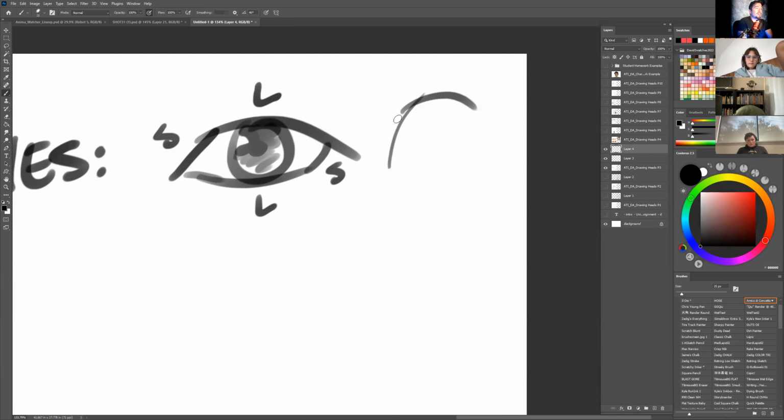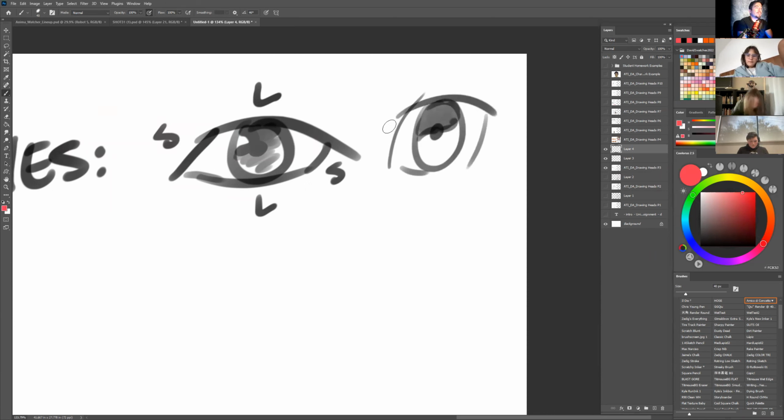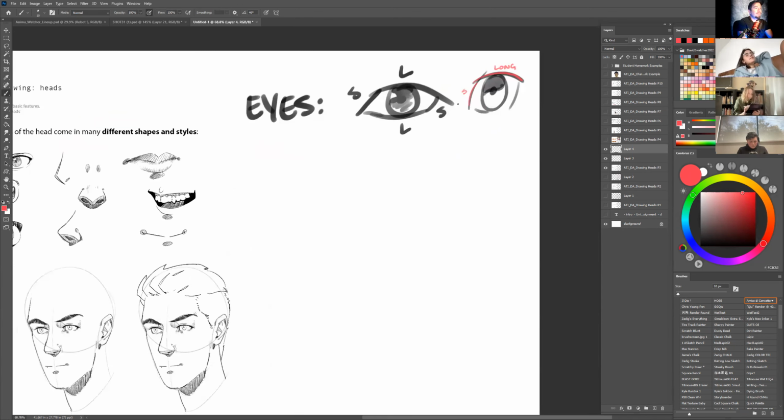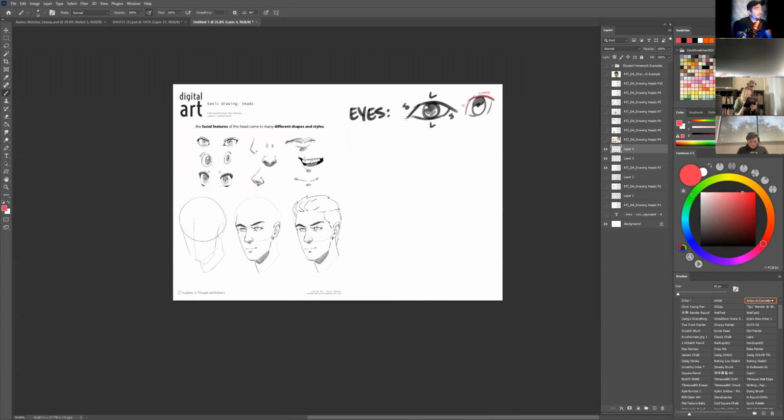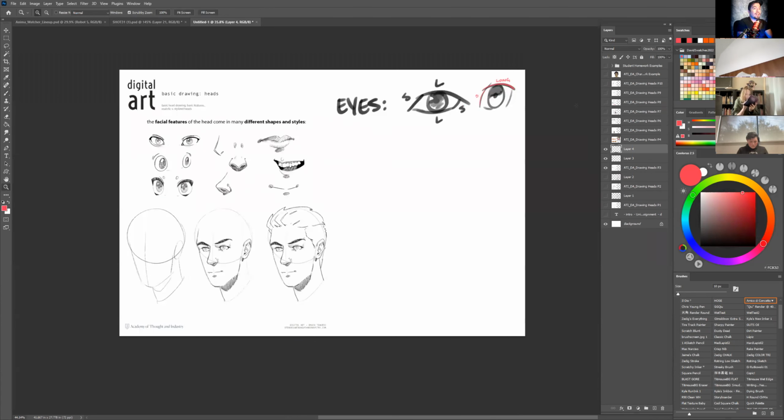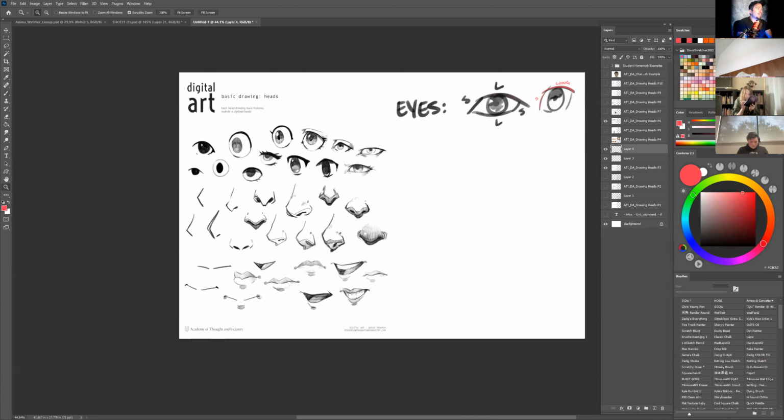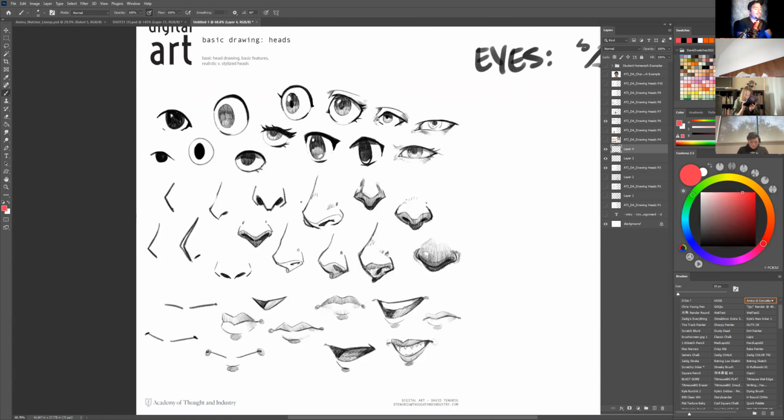You can do that tall, kind of wide, more anime or manga inspired eye, and still use those ideas. Short, long, right? So that's a good tip for the feature of the eye. There is a handout that has a bunch of ideas, a bunch of options for these features. So you can always check that out later on the homework.